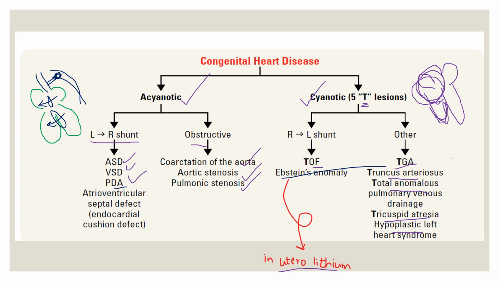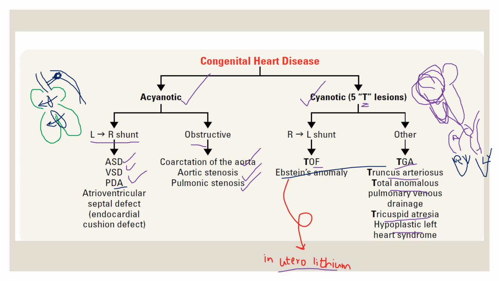So usually the right ventricle opens to the pulmonary artery. The left ventricle opens to the aorta. But here there is a defect. So the right ventricle opens to the aorta, and the left ventricle opens to the pulmonary artery.